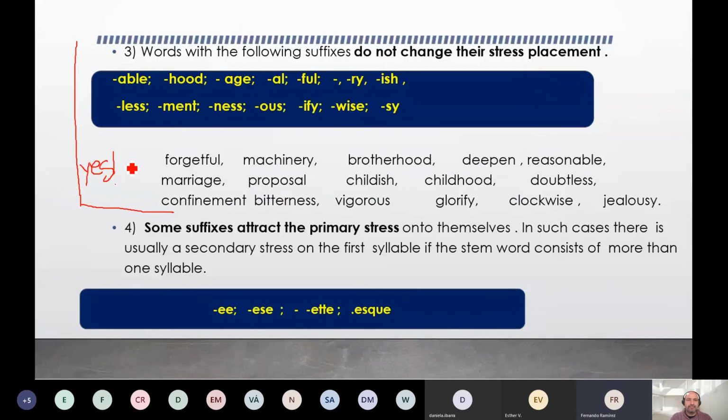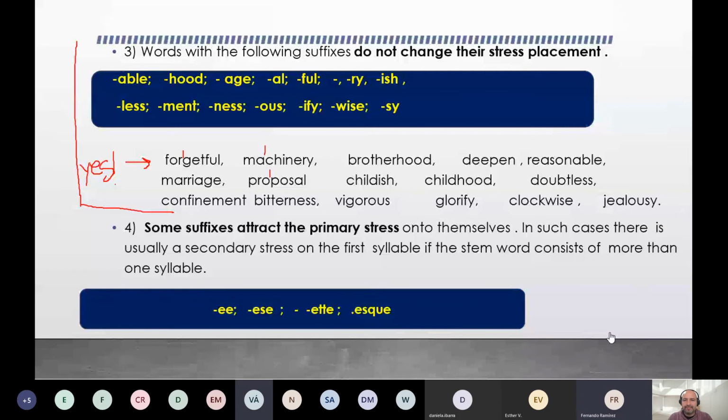Forgetful, imaginary, brotherhood, dependable, reasonable, marriage, proposal, childish, childhood, doubtless, confinement, bitterness, various, clarity, clockwise, jealousy.